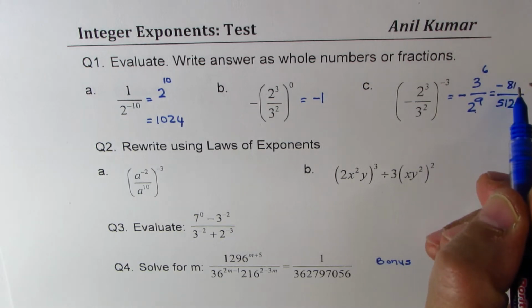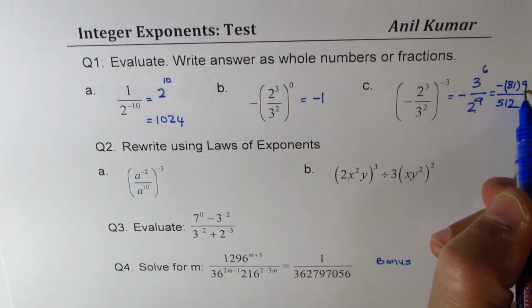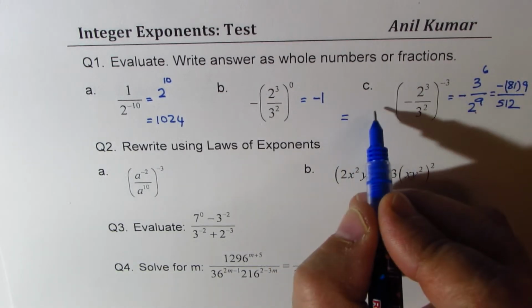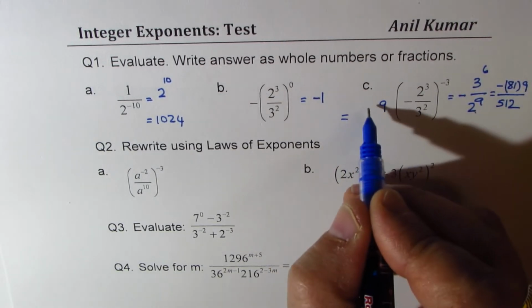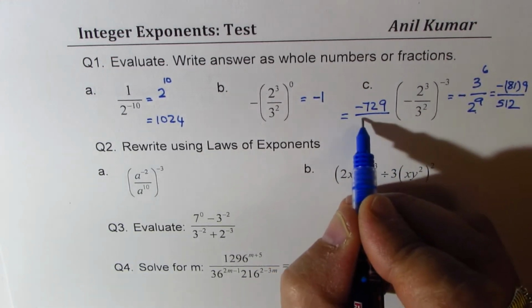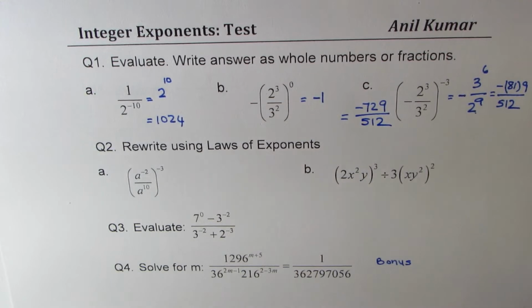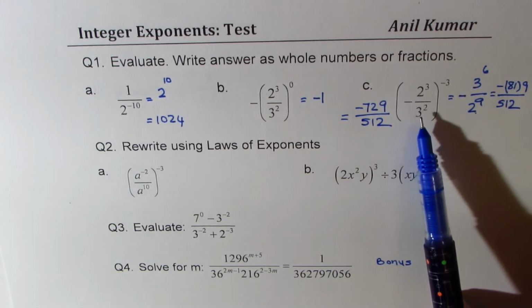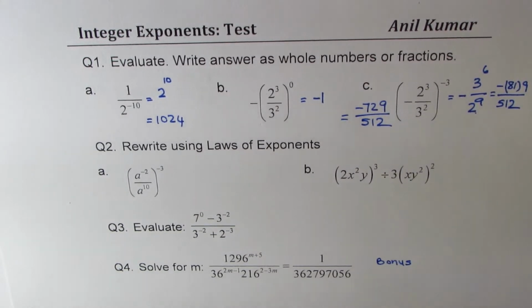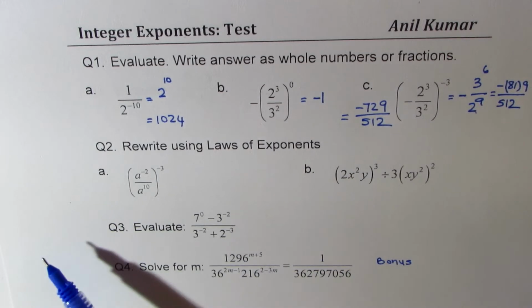And here you get 81 times 9. Right? So I'll write down the answer here: 9 times 1 is 9. 9 times 8 is 72. Negative over 512. Okay. Now at times a calculator may not be allowed for these questions. Therefore, I am doing this mental math here.